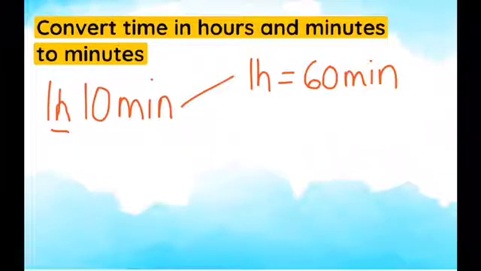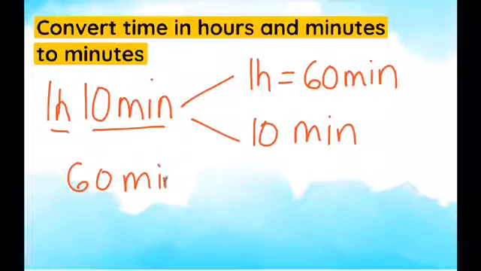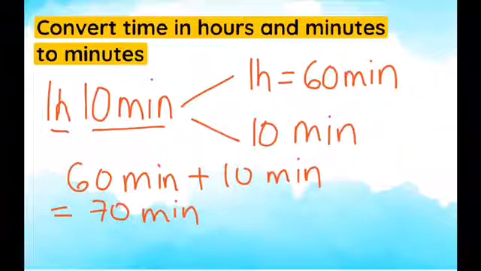You will just simply add the remaining 10 minutes to 60. So, 60 minutes plus 10 minutes will give you a total of 70 minutes. So we could say that there are 70 minutes in 1 hour and 10 minutes.